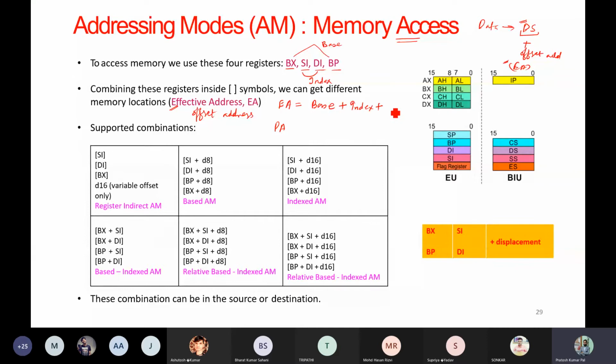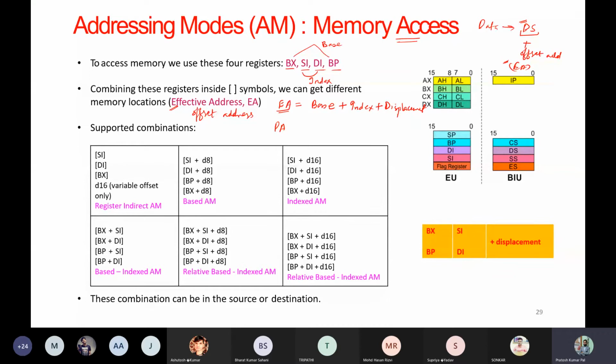We can give a value also in this. So these direct values are called displacement. Okay. So the effective address will be in the form of a base register value plus index register value plus a displacement value. This displacement value means the direct immediate value. Okay. So we will be seeing this in the form of examples.